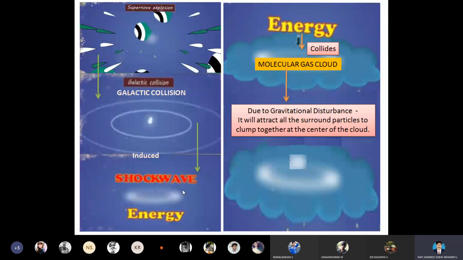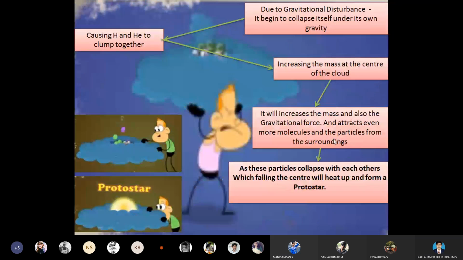This shock wave energy again collides with the molecular gas cloud. Due to the gravitational disturbance, it attracts the surrounding particles to clump together at the center of the cloud. It begins to collapse under its own gravity.